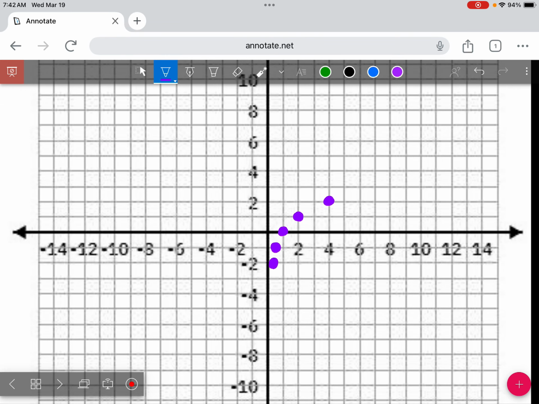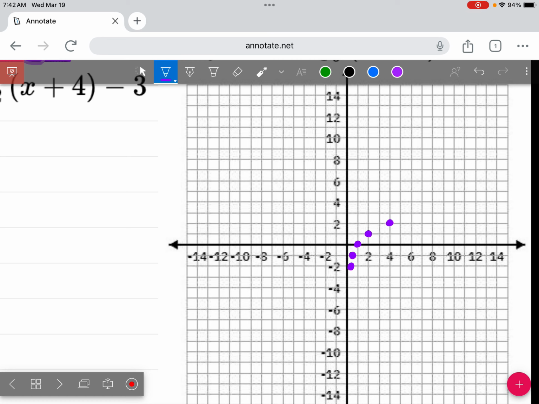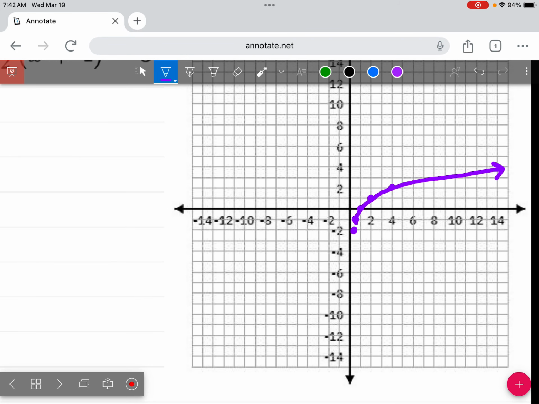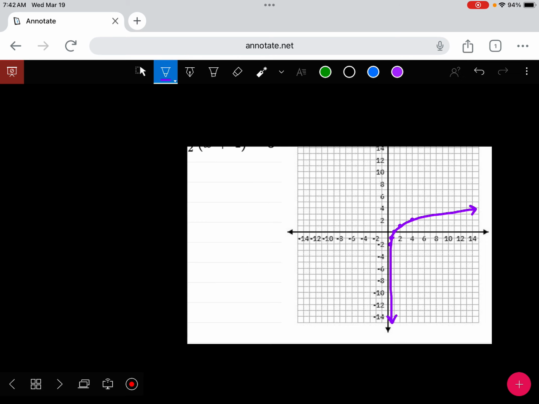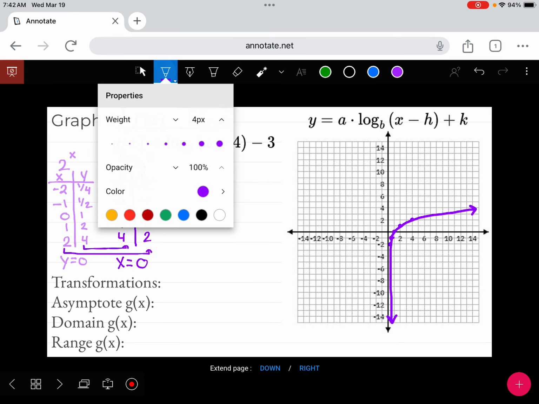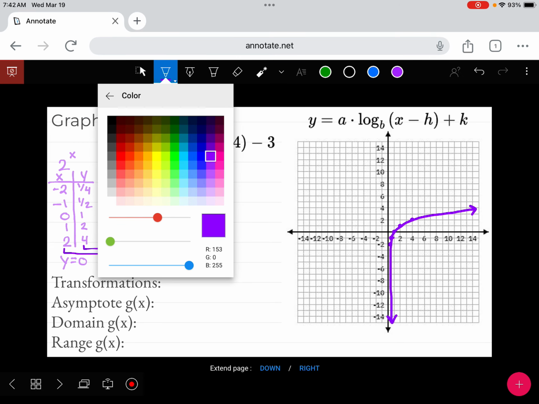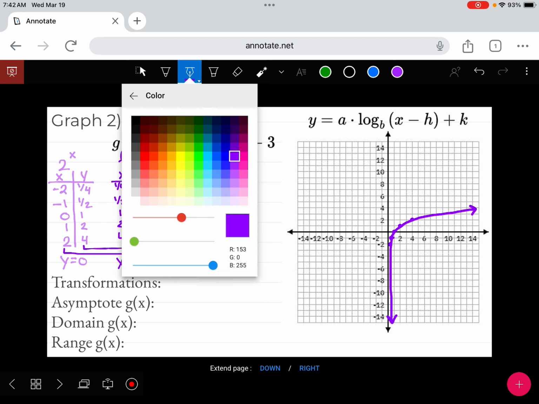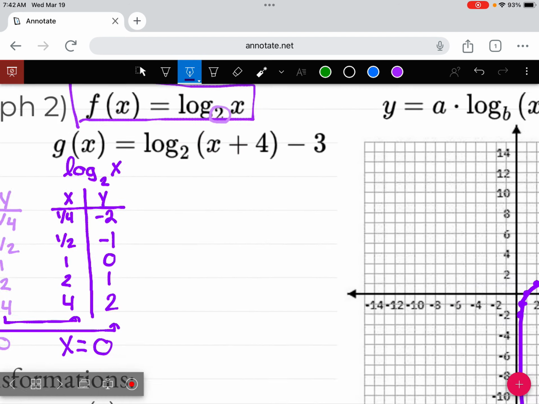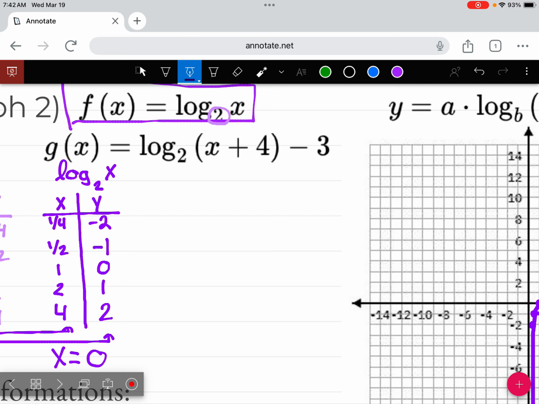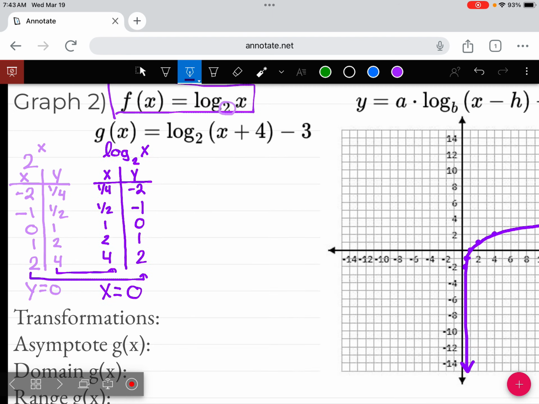And when x is 4, we're at 2. So we can see our parent function looks like this. I should have picked a lighter purple, but that's okay. But that's our parent function. I'll just do a very, very dark purple for the transformed. So that gives us our parent function.